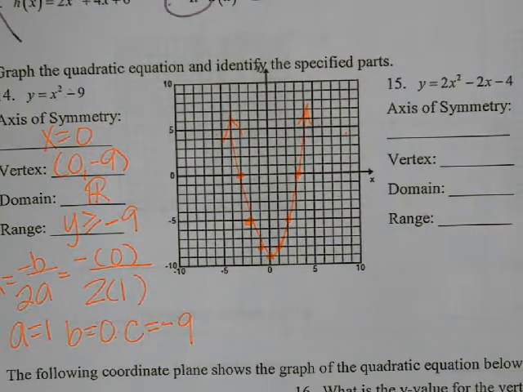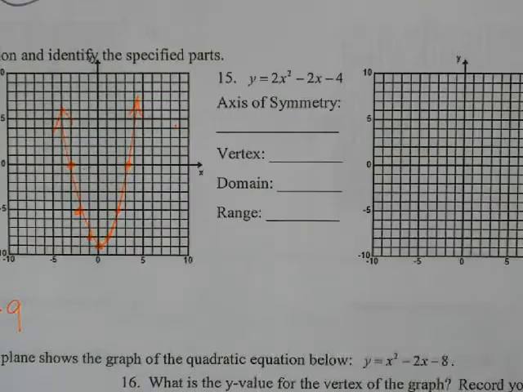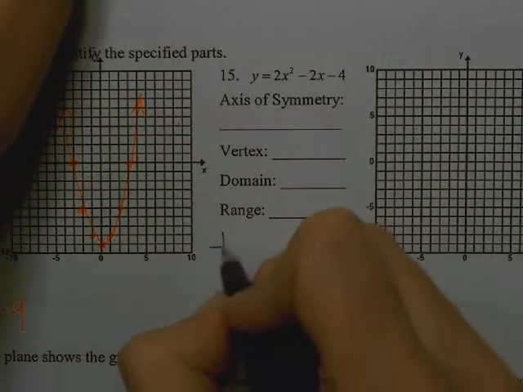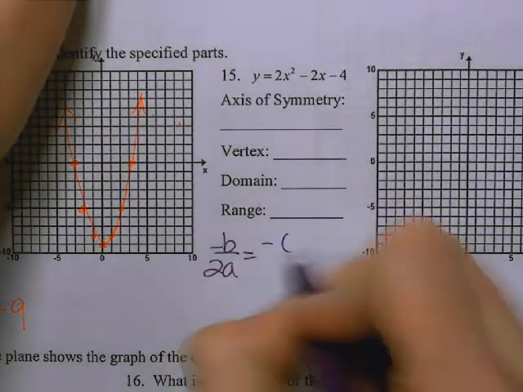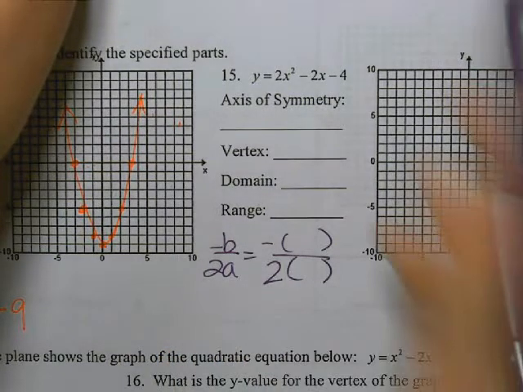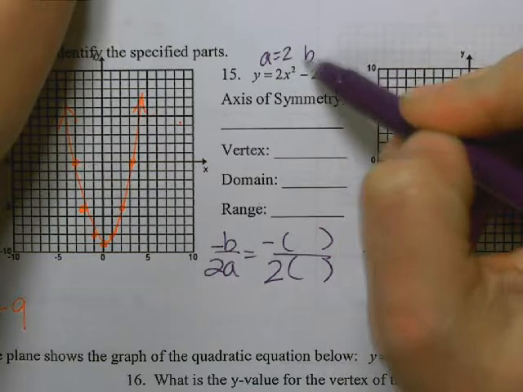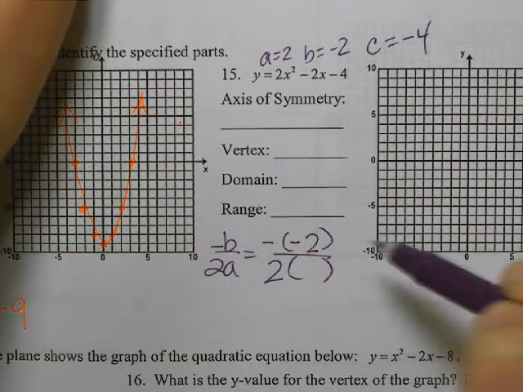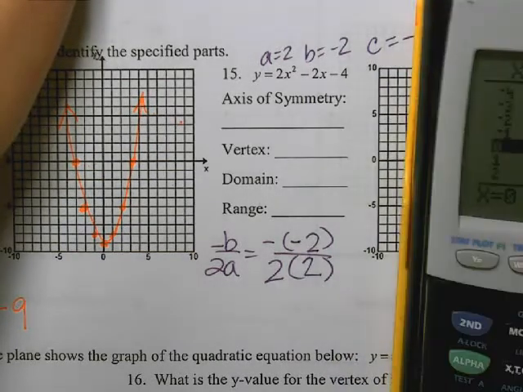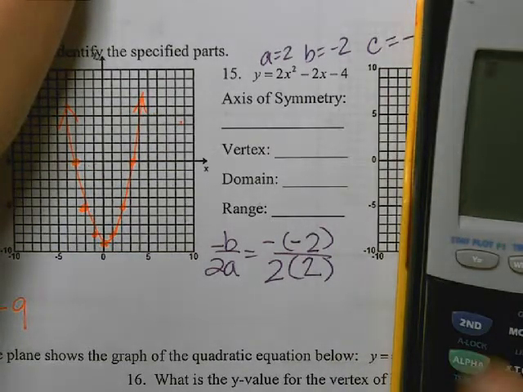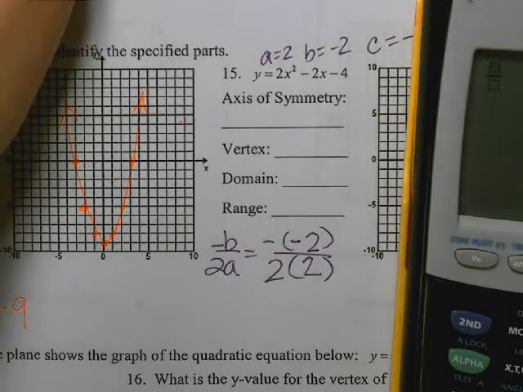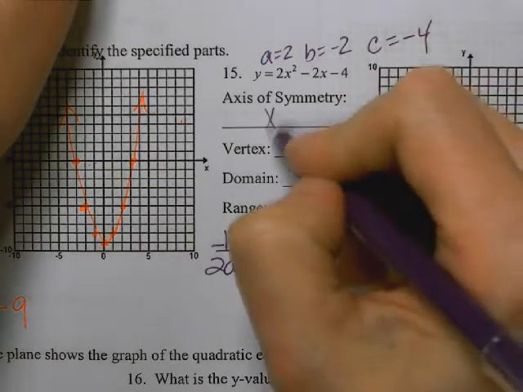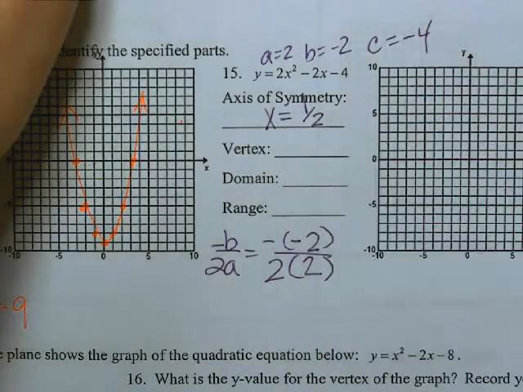Alright, number 15, same concepts, same work. So you say negative b over 2a equals negative parentheses over 2 parentheses. This is a, it's 2, b is negative 2, and c is negative 4. So put negative 2 inside here for b, a is 2. Go to your calculator, alpha y equals enter to type in the fraction, negative 2 over 2 parentheses 2, and that's 1/2. So the axis of symmetry is at 1/2.